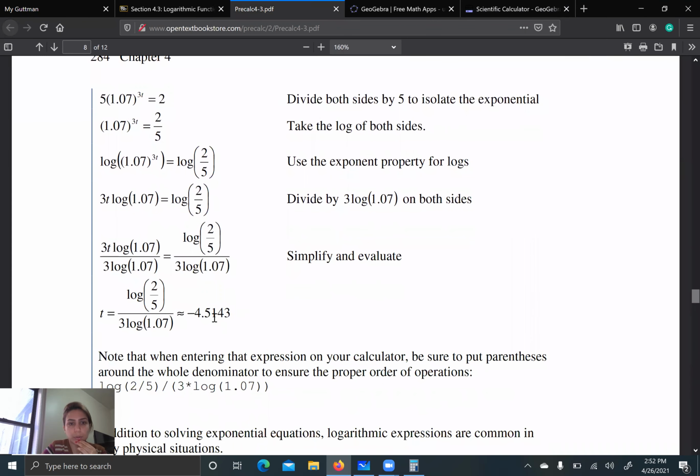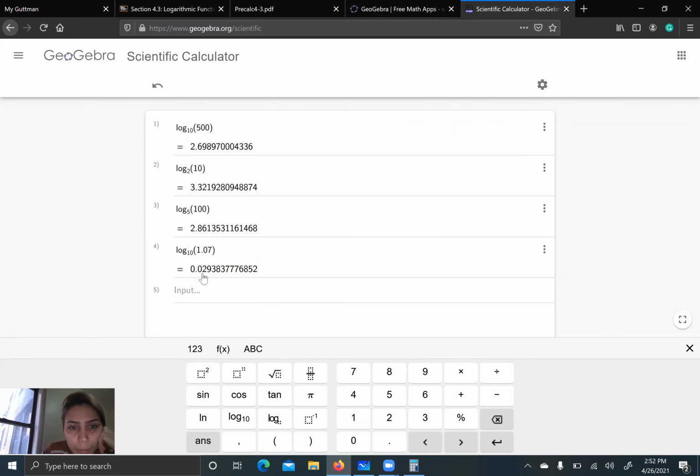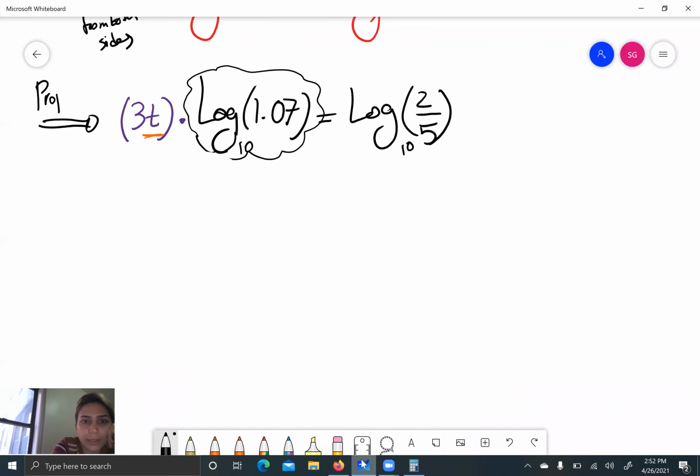Your textbook rounded to 4 decimals. Okay, I'm going to round it to 4 decimals. So it's going to be 0.0294 roughly. And we have the 3t here as well, right?